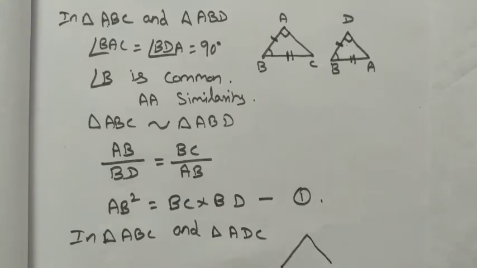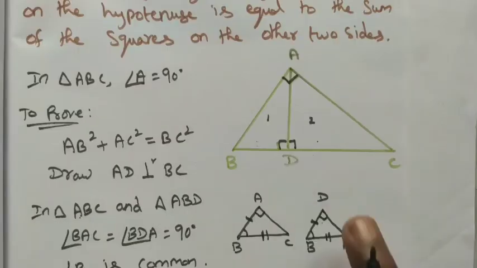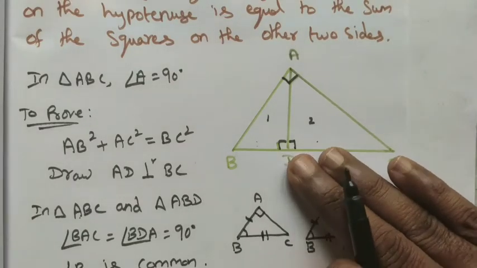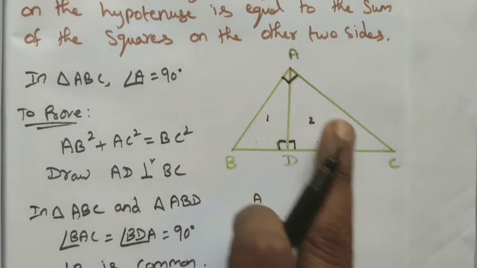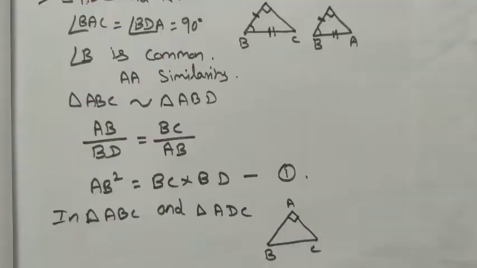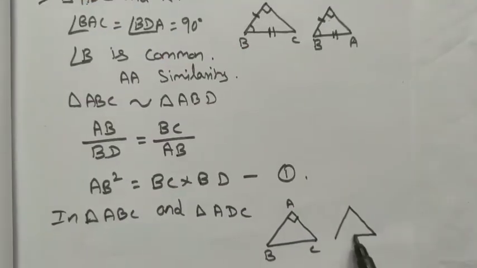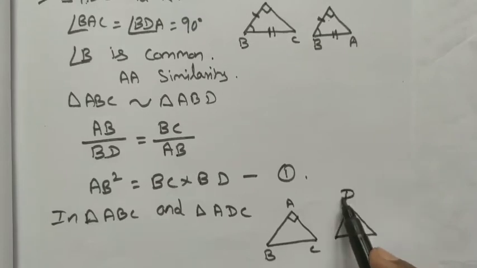This is the triangle ABC, this is 90 degrees. And this triangle also I turn this side: D should go to the top and AC should be the base. Then in triangle ADC, D is at the top, and A and C are on the base. Now this is the 90 degrees.